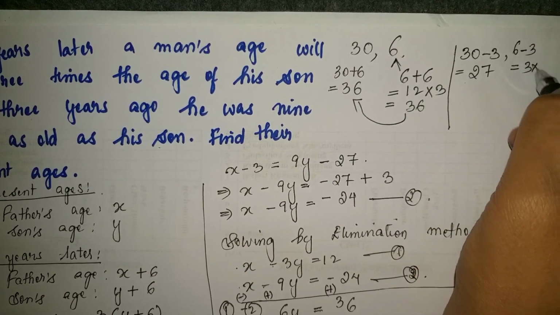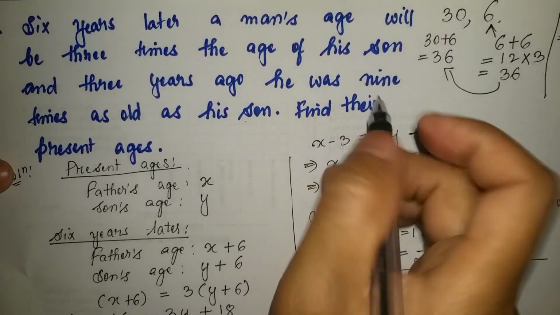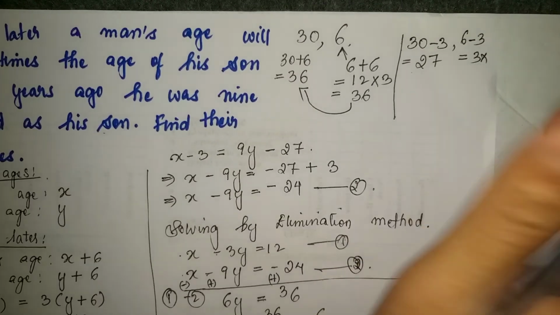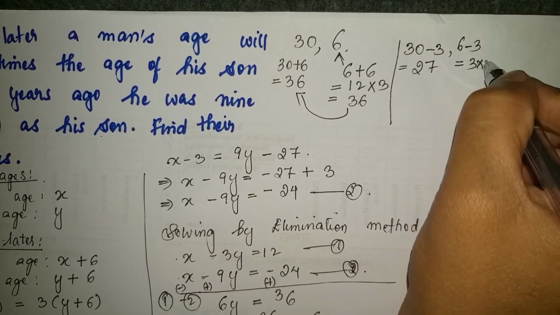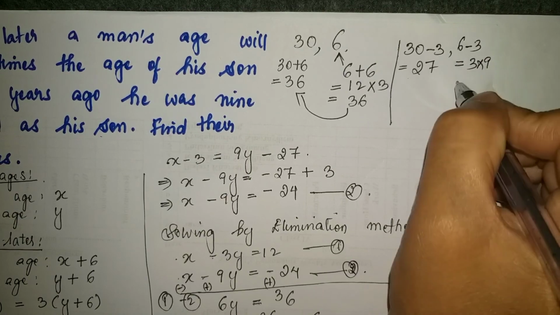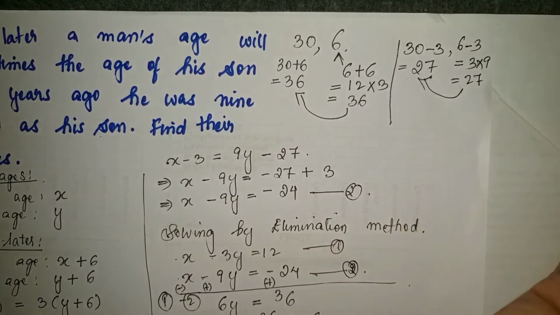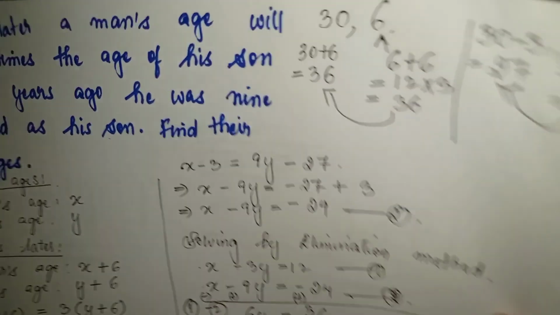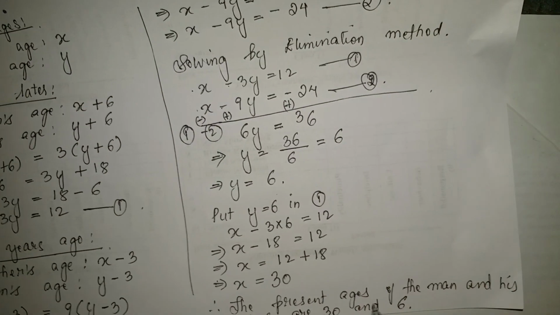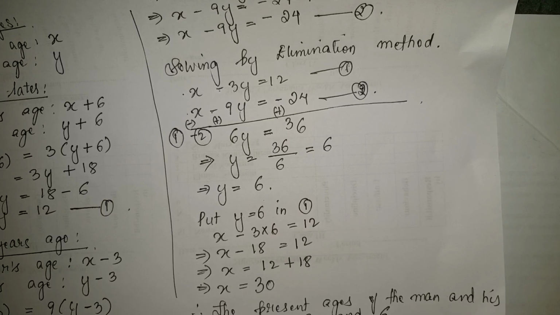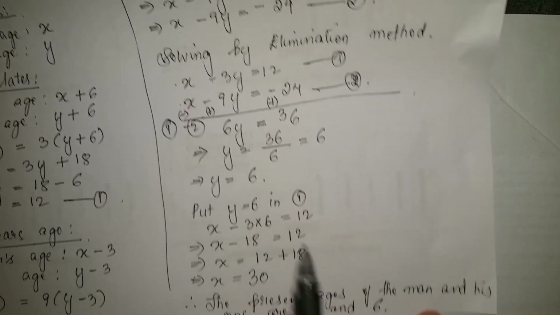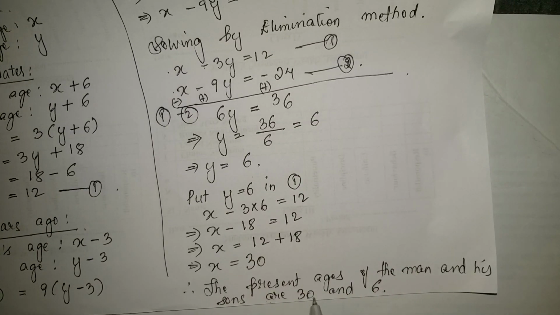Now 9 times the age of the son, I multiply 3 with 9, I get 27, which is equal to the father's age. Therefore, the present ages of the man and his son are 30 and 6.